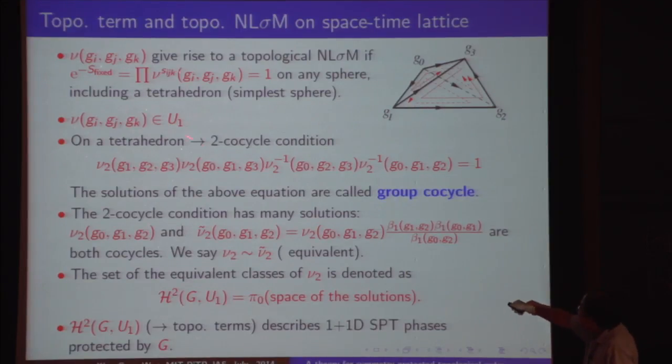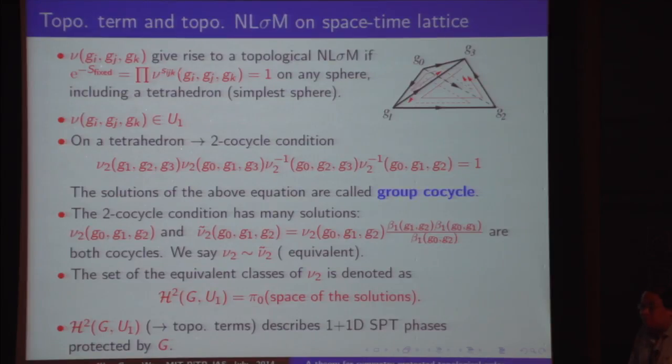Because here nu is always a pure phase, I can replace the complex conjugate with the inverse. So I do this. Okay. And we want to find the nu that satisfies this condition. When you satisfy this condition, then at least on the simple sphere with 4 triangles, the partition function is always equal to 1, and the action amplitude is always equal to 1. So the amplitude for each path is always equal to 1 once you have this condition.